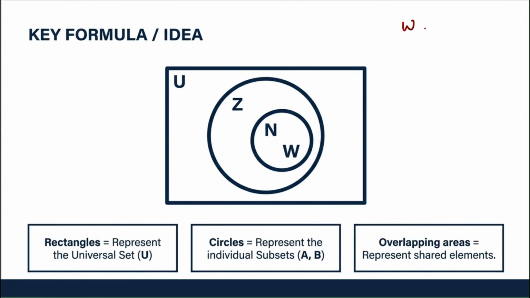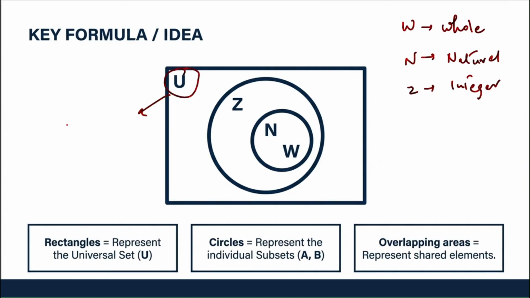For example, in this particular diagram, W is denoting whole numbers, N is denoting natural numbers, and Z is denoting integers. The U, which is written over here, is known as the universal set.